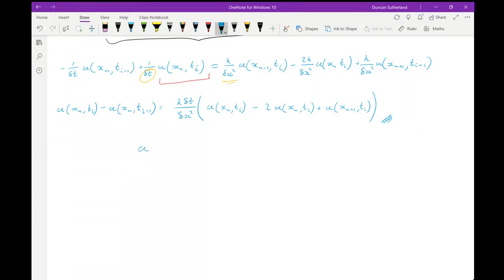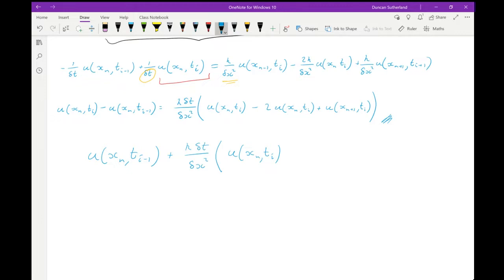U at x_n, t_(i-1), because that's old, plus delta t squared u. Now this is the interesting one, because it's got a minus 2 there.